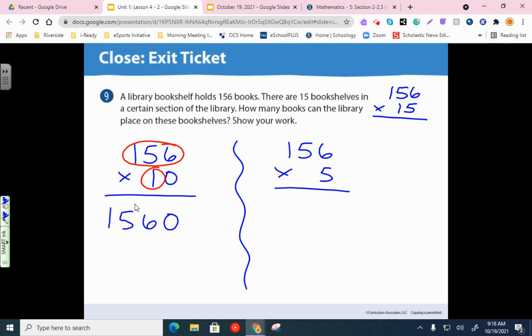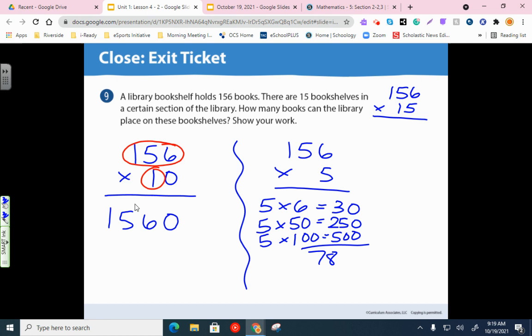Over here, I don't have any zeros in my factor, so I can't really do any tricks to save me time. So I've got to do 5 times 6 equals 30. I can do 5 times 5, which is actually a 50. Gives me 250. And then 5 times 1, it's actually 100. Give me that. And then these all add up to be 780.